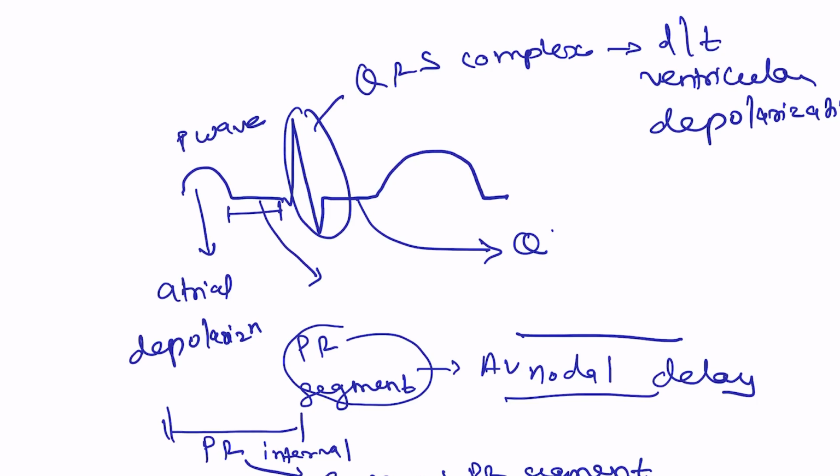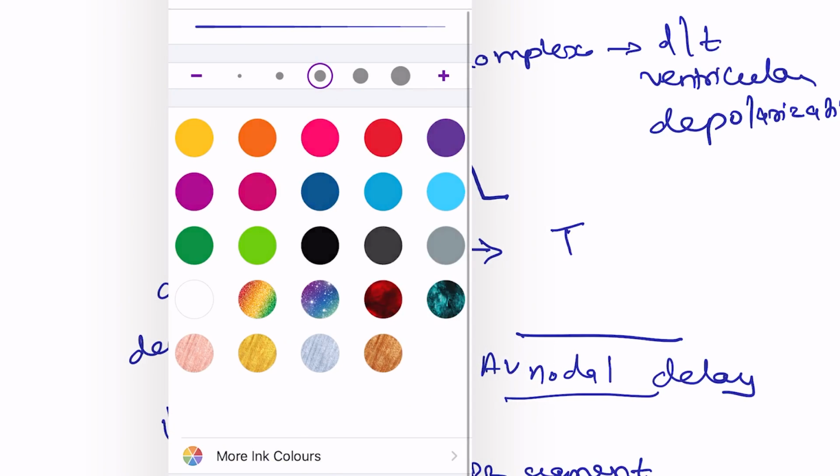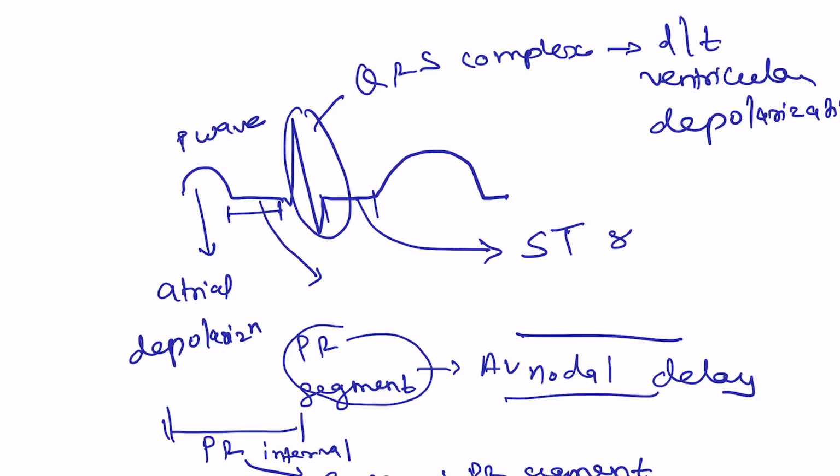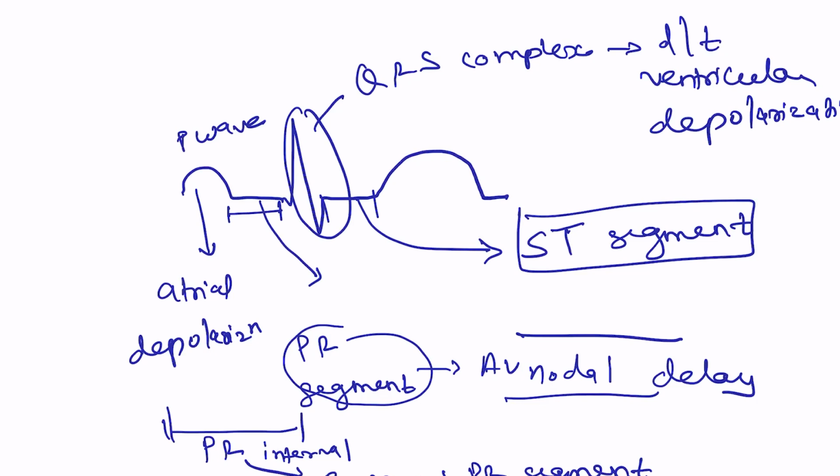This is the ST segment. This is something which is very important for many pathologies. Normally this is an isoelectric segment. So let me make one thing clear.